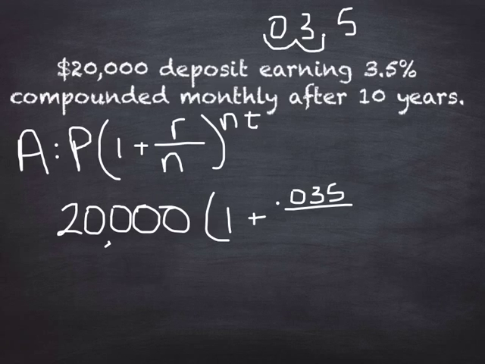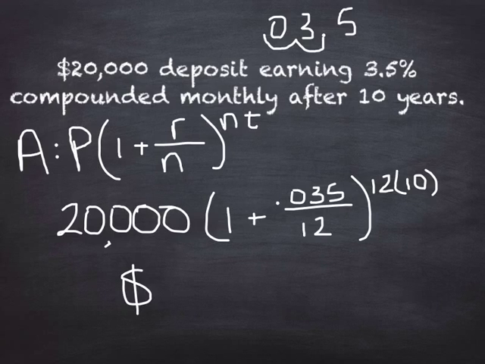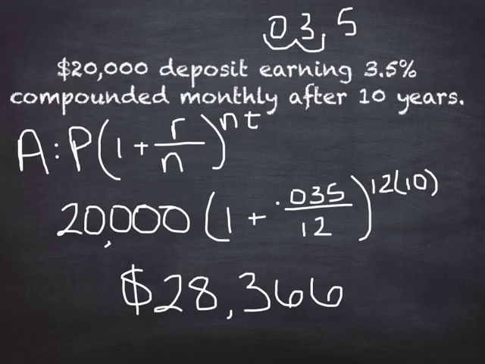It's compounded monthly, so that'll be 12 times total in a year, raised to the 12 times 10, where 10 is the number of years. If we plugged all of that in, our final answer would be $28,366.90.